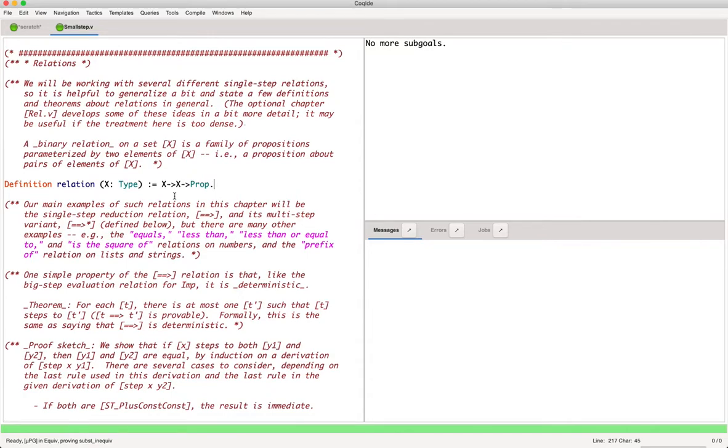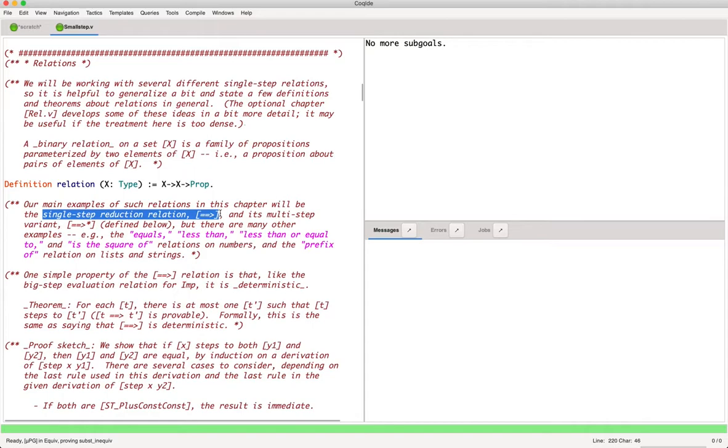Primarily here we're interested in relations between values of the same type, so we formalize it like this: a relation on X will be an X to X to Prop. And in what's coming up, we'll be defining mostly this single step reduction relation.